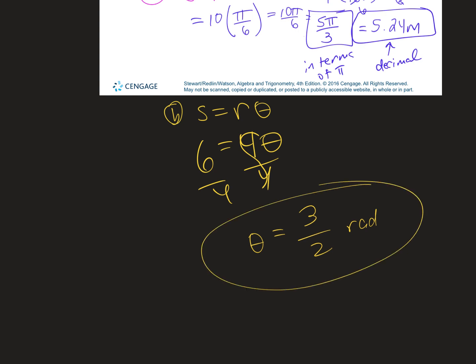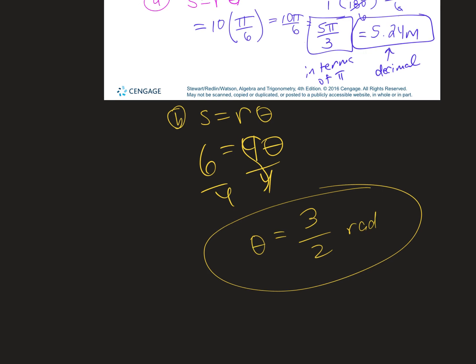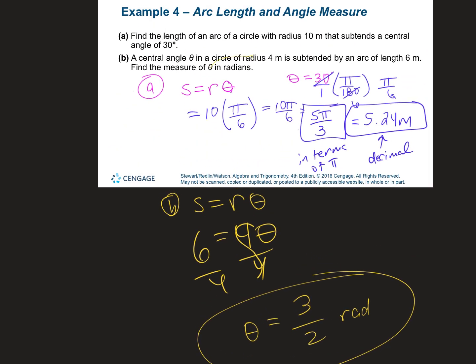It's already in radians. If you wanted to convert, you'd have to do the pi over 180 to go back to degrees. But if they ask you for arc length, guys, your theta has to be in radians. If they ask you for theta, you have to read how they want it. In radians, then leave it. If they want it in degrees, then you have to convert. Make sense?